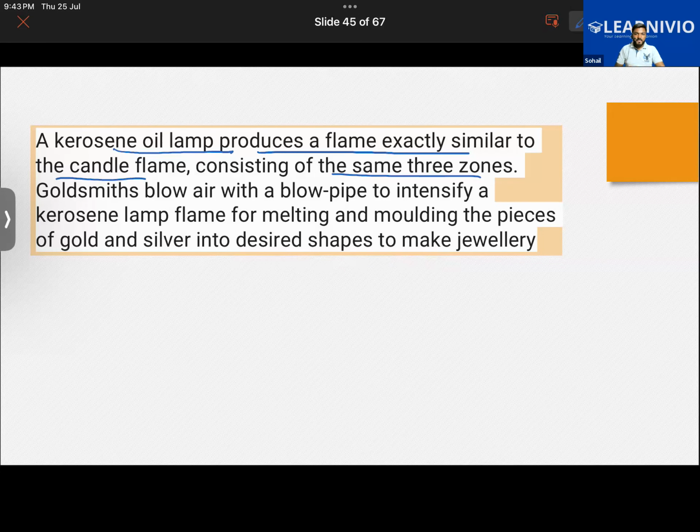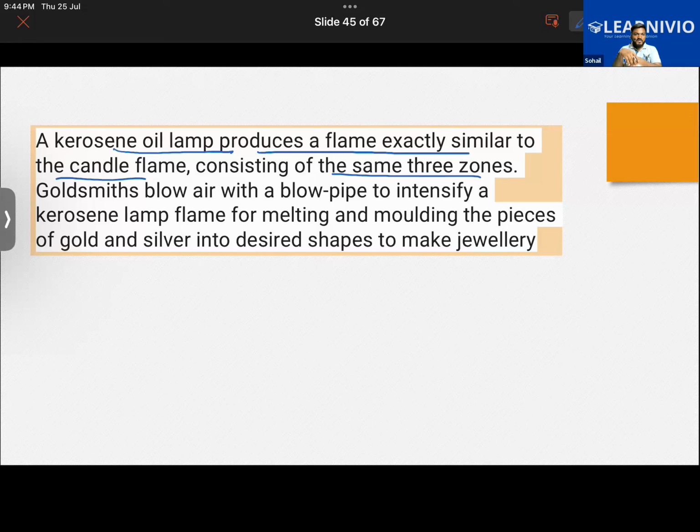For example, nowadays there are so many well developed machines and equipment available for goldsmiths, but earlier they would blow air via a blow pipe to intensify the flame of the candle or usually the kerosene flame, so that when more air is available, it will burn properly.